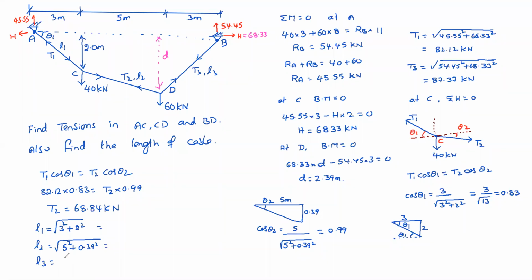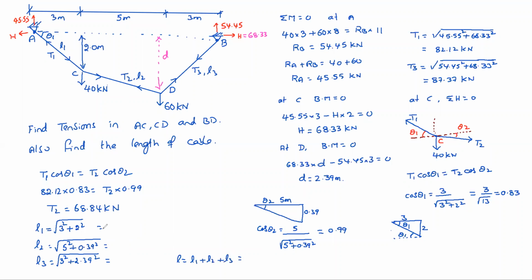L3 equal to square root of 3 square plus D, 2.39 square. So finally L equal to L1 plus L2 plus L3.